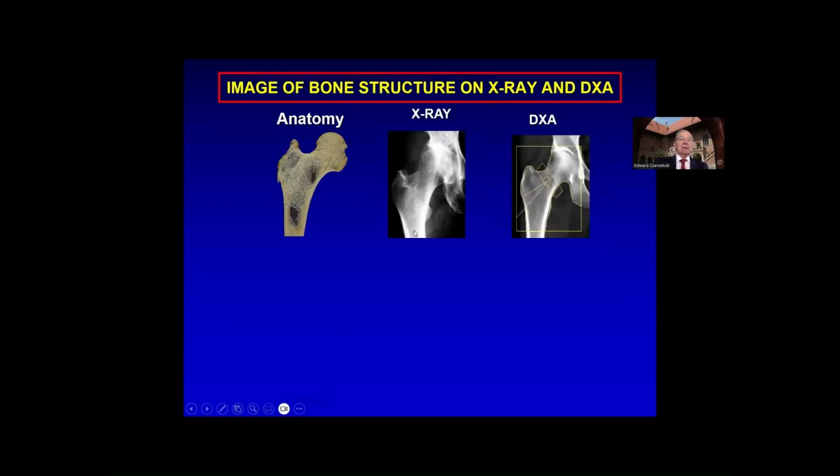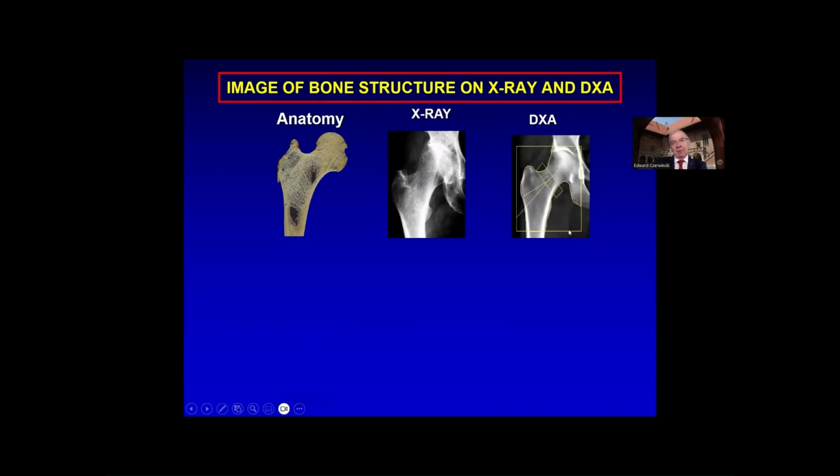We wish to see the structure, and we can watch it on the cross-section of the femur. You see the cortex, the trabecular bone, the single trabecula. X-rays give us some idea. We can just distinguish this structure, and DEXA doesn't tell us much about the structure.